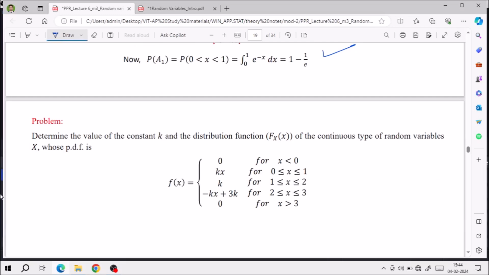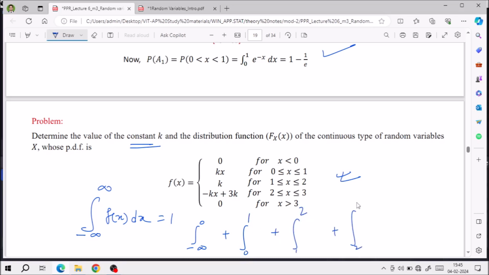Here this is another standard type of problem. Determine the constant k, where the distribution function is given in this way. So how to find it? Just integrate from minus infinity to plus infinity f(x) dx equals 1. Break it properly: minus infinity to 0, plus 0 to 1, plus 1 to 2, plus 2 to 3, plus 3 to infinity.